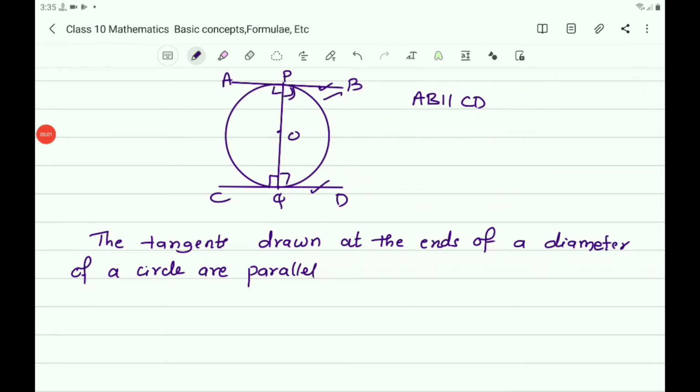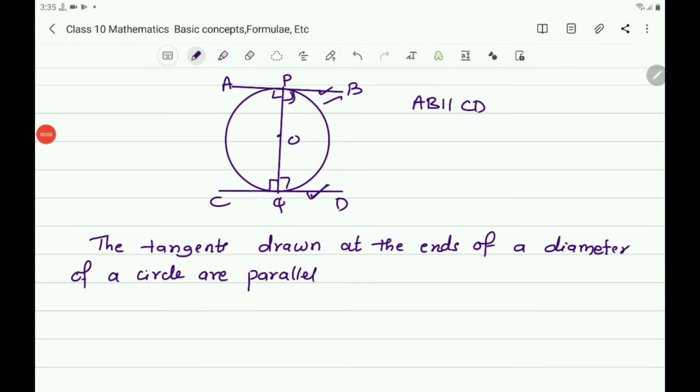How many parallel tangents can a circle have at the most? A circle can have two parallel tangents at the most. The pairs of parallel tangents can be an infinite number, but for one tangent only one other tangent will be parallel.